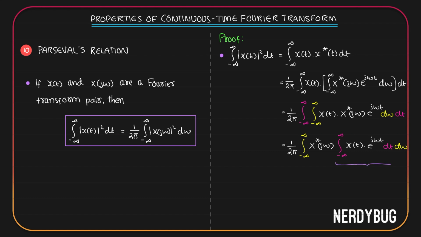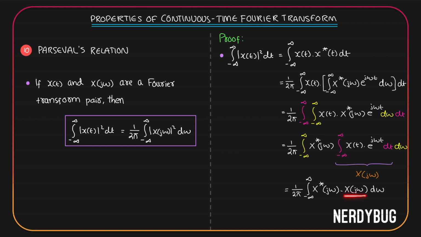Let us take a look at the inner integration now. The integral from minus infinity to infinity of x(t) e^(−jωt) dt. This is familiar to us. It is simply the Fourier transform of x(t), that is X(jω). So this becomes 1/2π times the integral from minus infinity to infinity of X conjugate of jω multiplied by X(jω) dω.